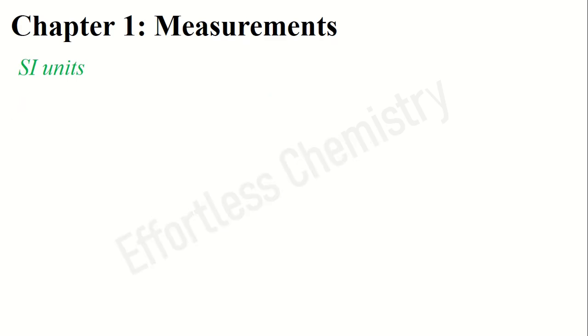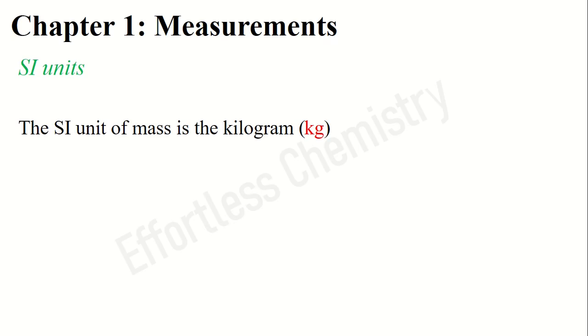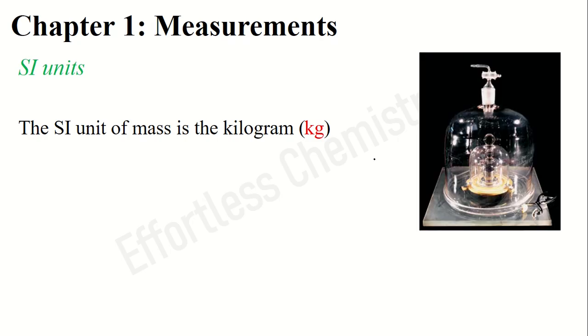The SI unit of mass is the kilogram. Unlike the units of length and time, which are based on natural processes that can be repeated by scientists anywhere, the kilogram is defined in terms of platinum iridium alloy.